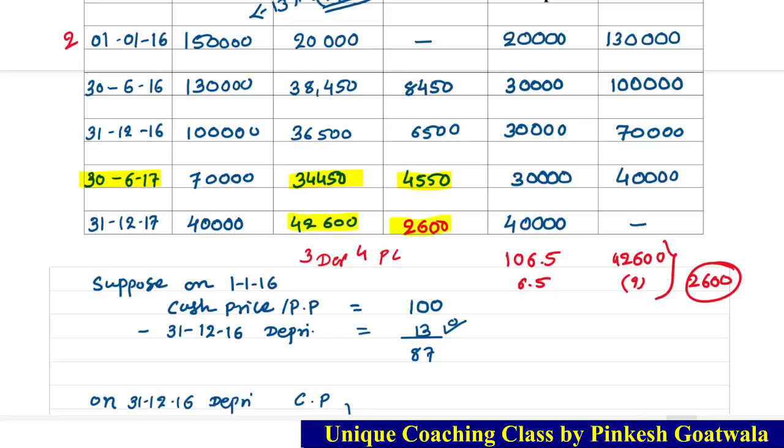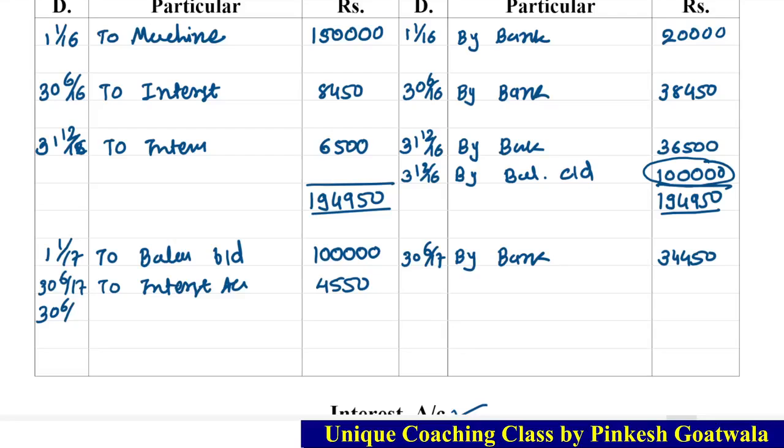Here the first journal is about the interest, 31st December to interest 2600.